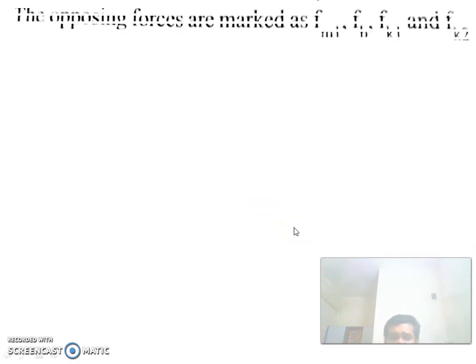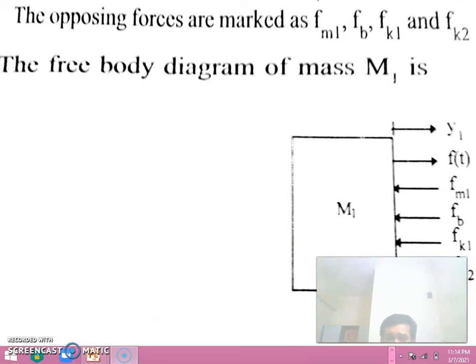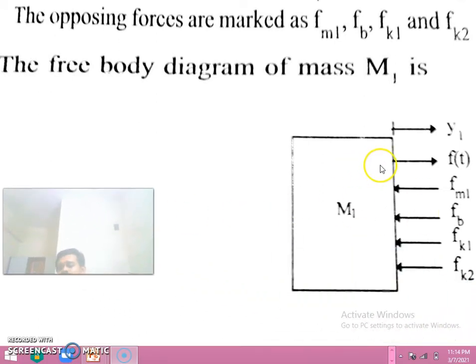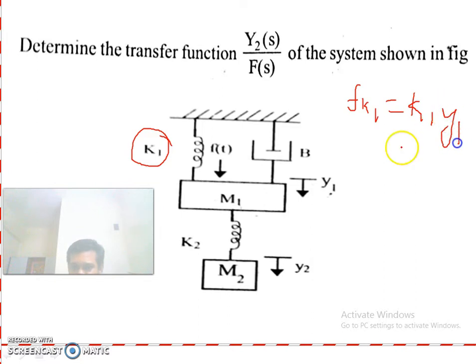So first we are considering the mass m1. So in mass m1, a spring k1 is connected. So the opposing force due to this spring k1 is nothing but capital K1 into the displacement, here it is y1. So k1 into y1. A dashpot is connected between mass m1 and one end is fixed.